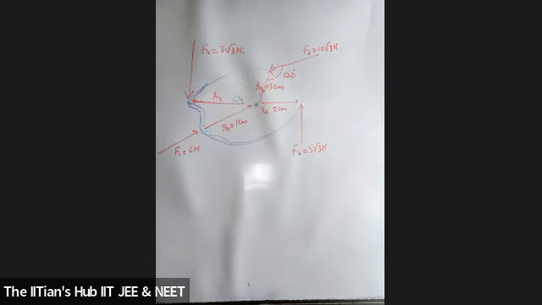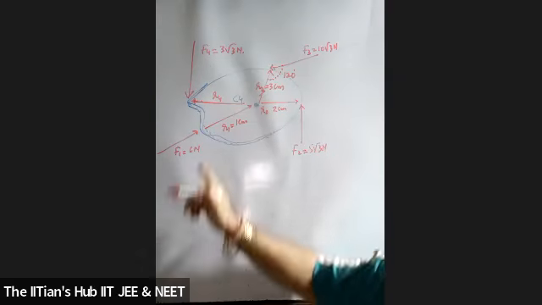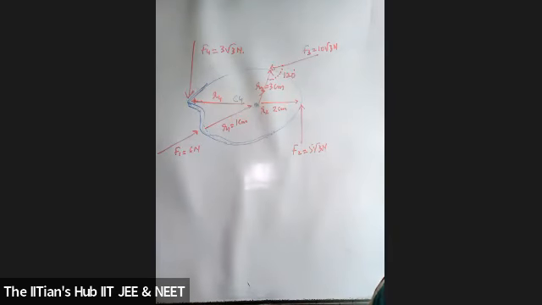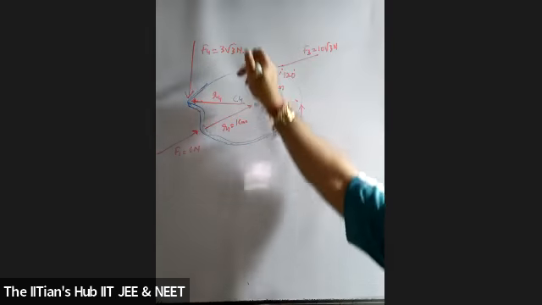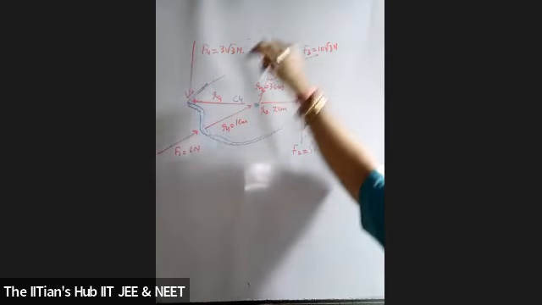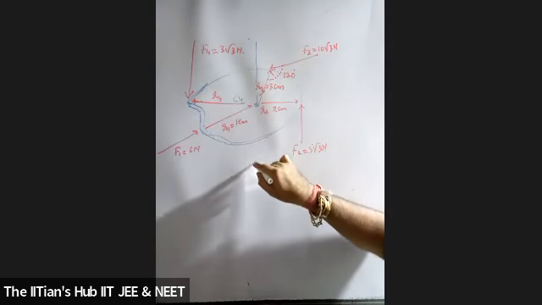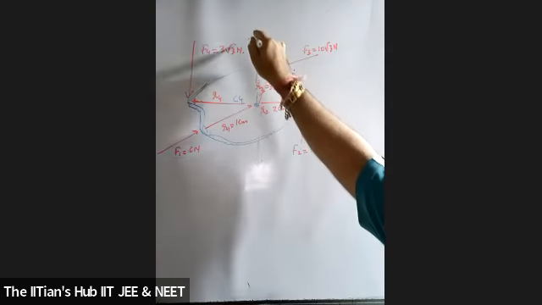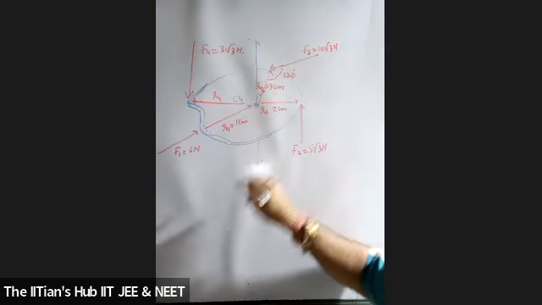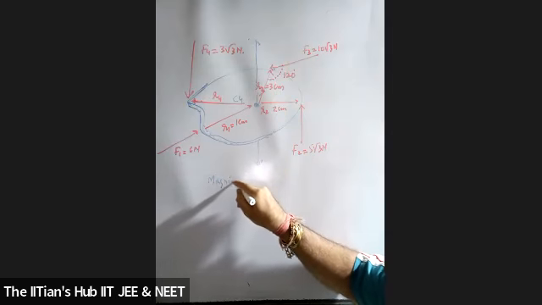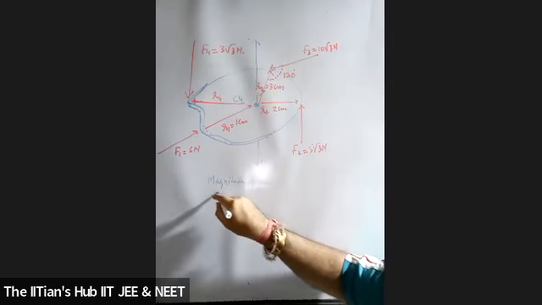My question is, students, there are forces F1, F2, F3, F4 acting at different points for a rigid uniform lamina, students. And this is my axis of rotation. My question is, students, find out the magnitude and direction of turning effect.